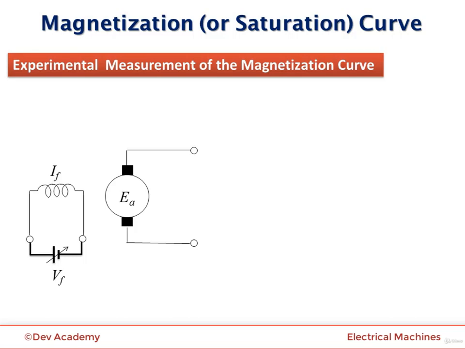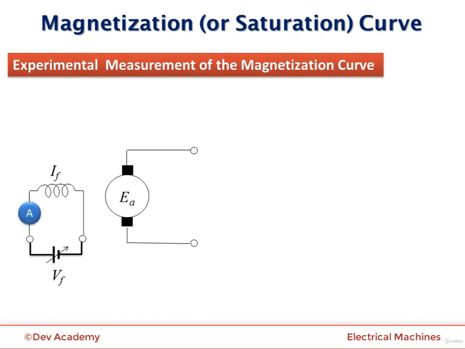So we can use a variable DC source to excite the field winding, or we can also use a fixed voltage DC power supply and insert a variable resistance in the field circuit. Both methods allow us to vary the field current within a certain desirable range.